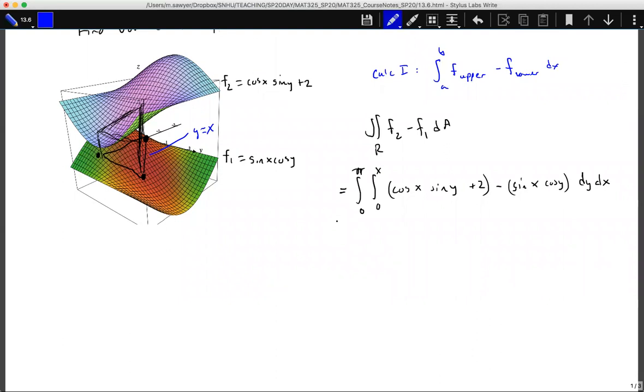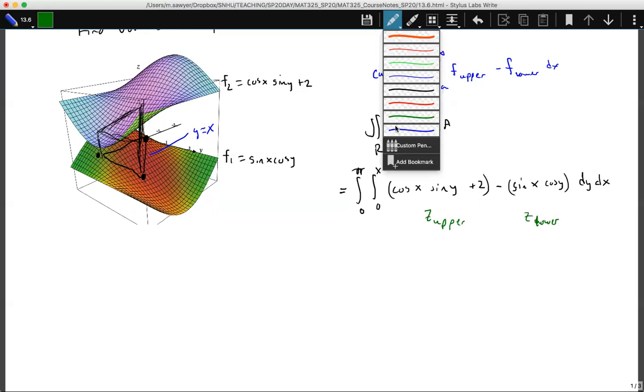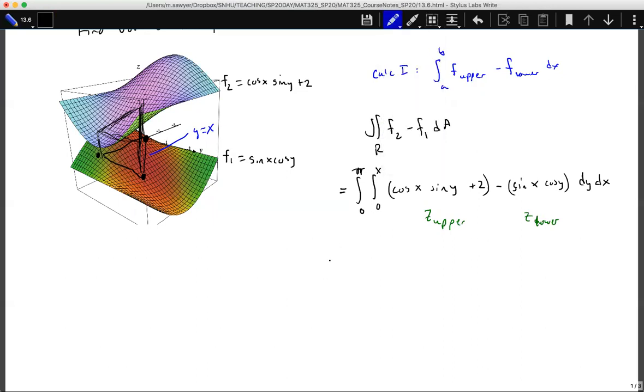What we can think of is that these actually are z values. So this is like a z upper, and this is a z lower. So we could have set up this integral as the integral from 0 to pi, 0 to x, z lower to z upper, of 1 dz dy dx.